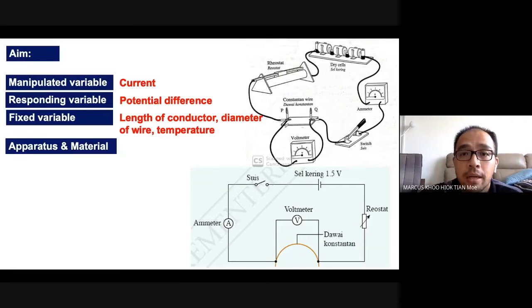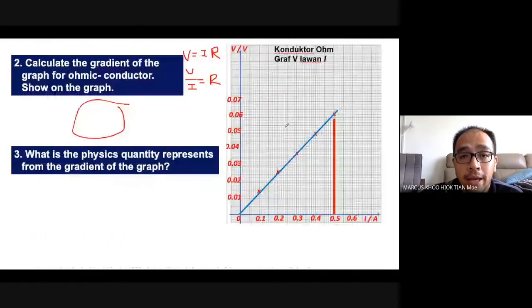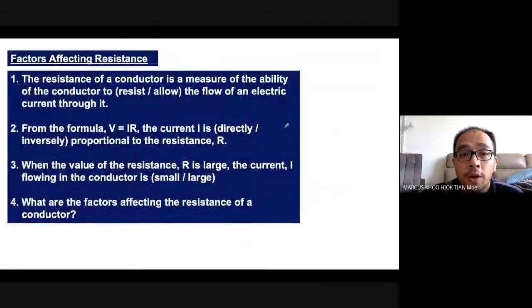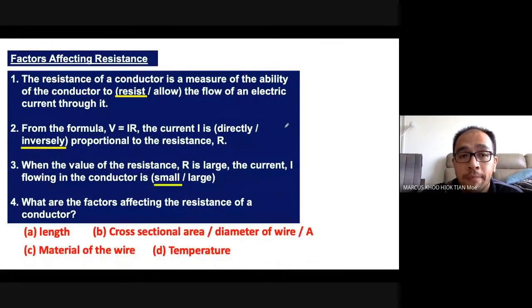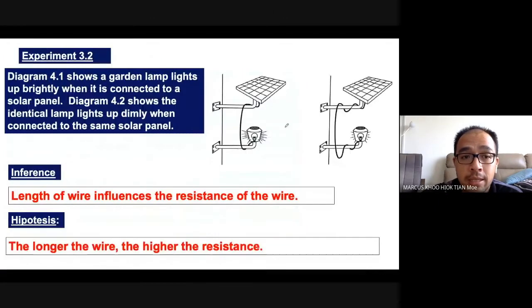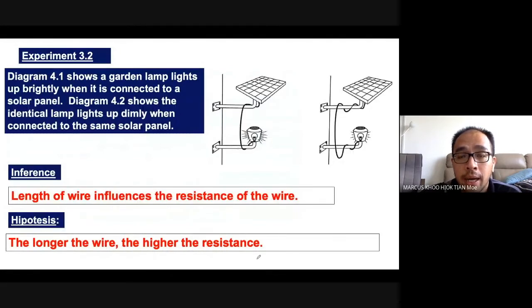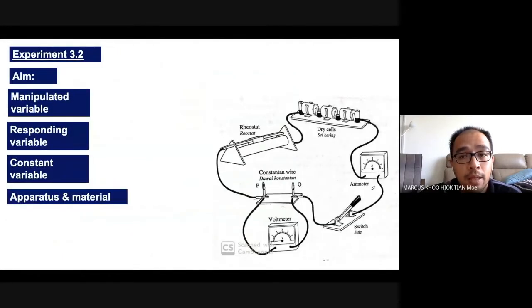Even in the length experiment, which we didn't do, the longer the wire, the higher the resistance. Look at the setup. It is the same: the dry cell, the rheostat, the switch, the ammeter, the constantan wire, and then the voltmeter that is always parallel to the constantan wire.